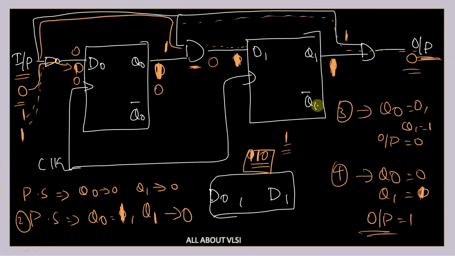I'm referring to this diagram. From this sequential logic, it is passing to the combinational logic, and from this combinational logic we are getting our output. And you can see here, this output has a feedback connection to the input.